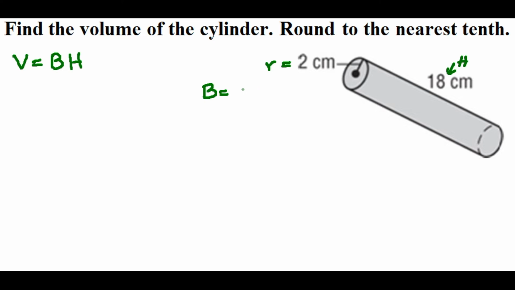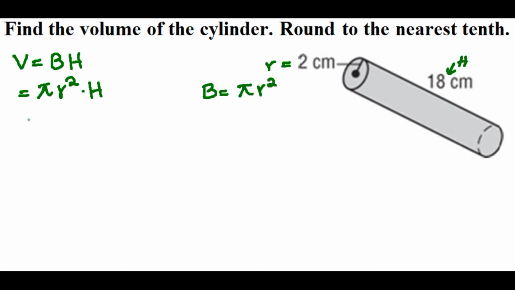Base is a circle, so the area of the circle is pi r squared. So if I replace the formula for the B here, it's going to be pi r squared times h.